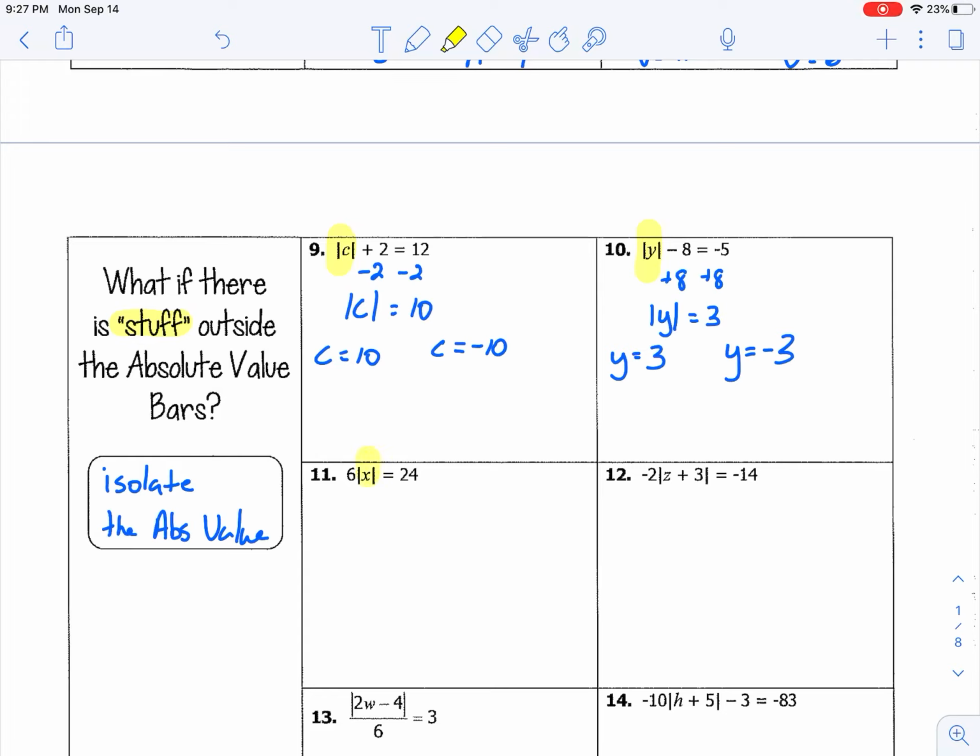Again, it's pretty much the same process. I've got the absolute value, I have to get it all by itself. We need to get rid of that 6, so we're going to divide out the 6. We get the absolute value of x is equal to 4. So now I can say that x is equal to 4 and x is equal to negative 4.